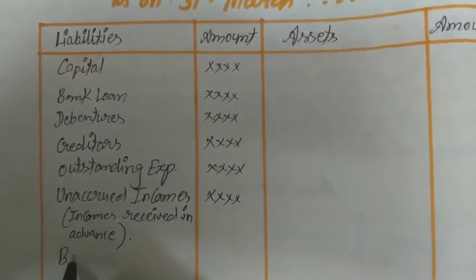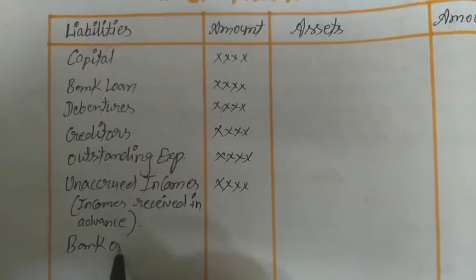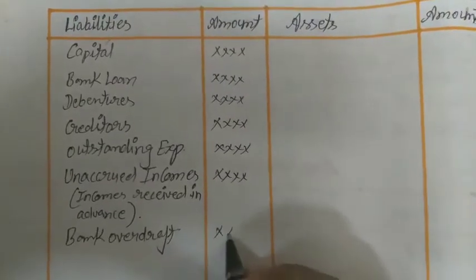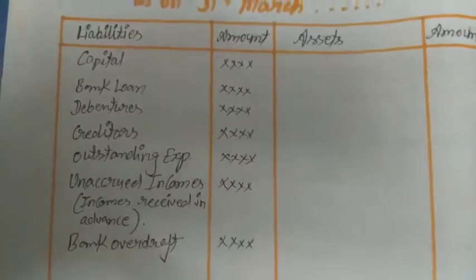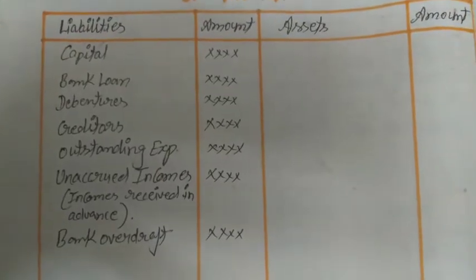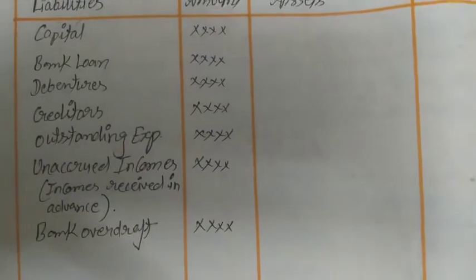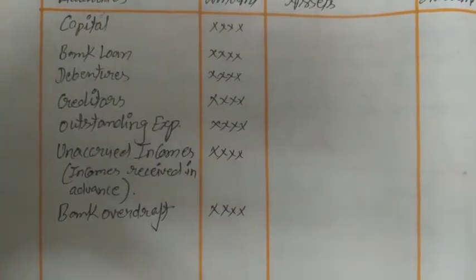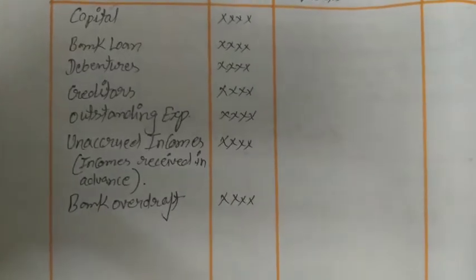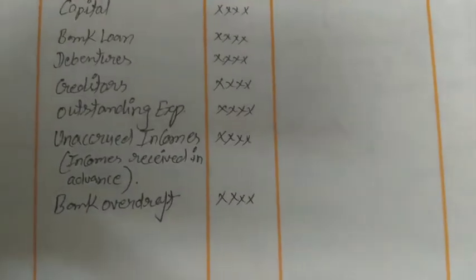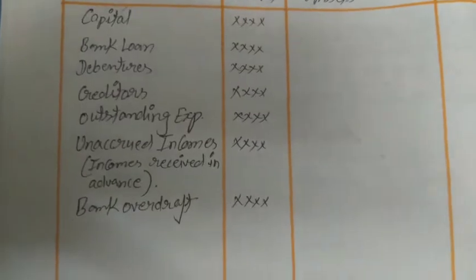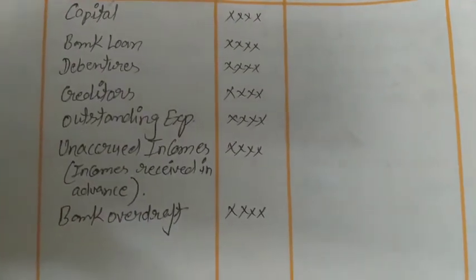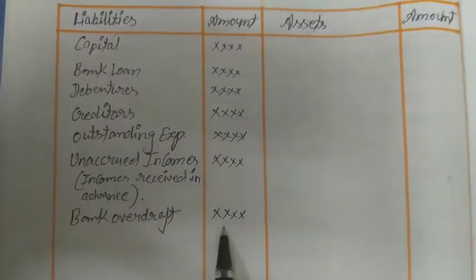Bank overdraft. Sometimes we withdraw an extra amount from the bank beyond the balance left with the bank. For example, 10,000 rupees is in our bank account, but they have provided a credit facility, so we withdraw 12,000. So we withdraw 2,000 extra from the bank. Now the bank has to receive 2,000 from us. So that 2,000 will come under the liability.